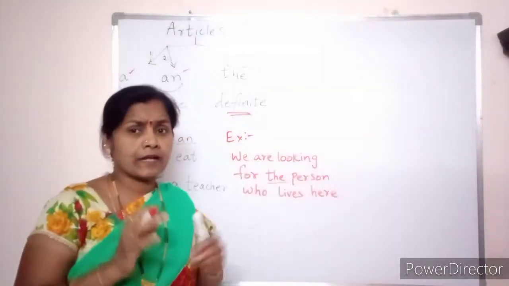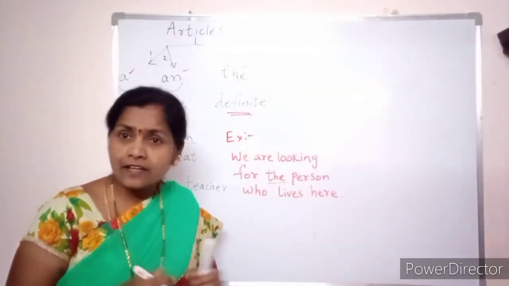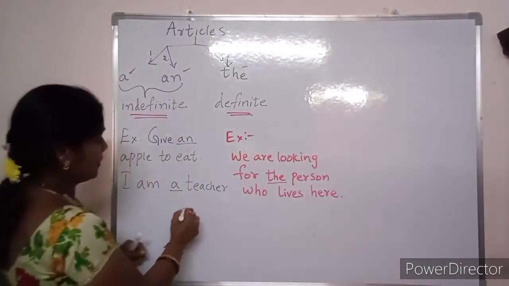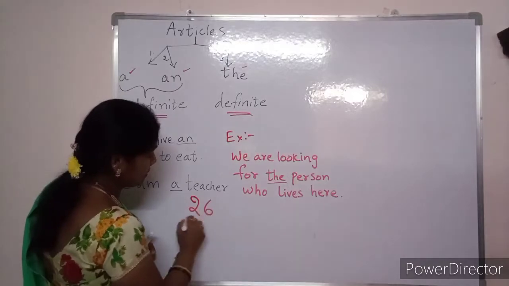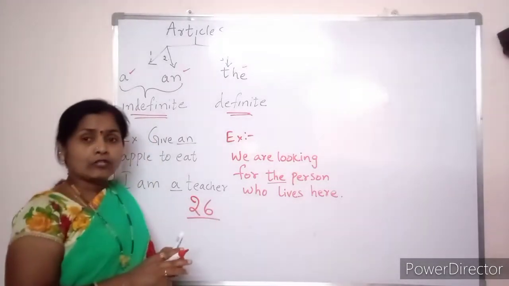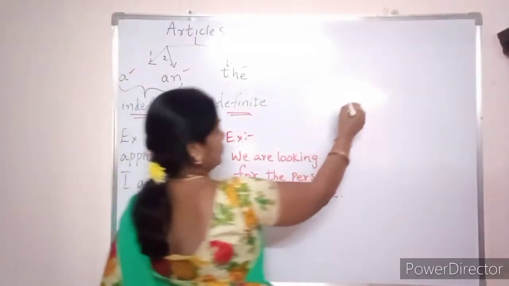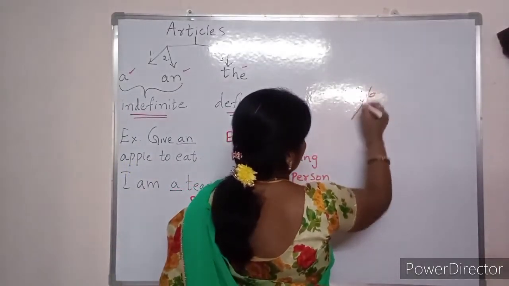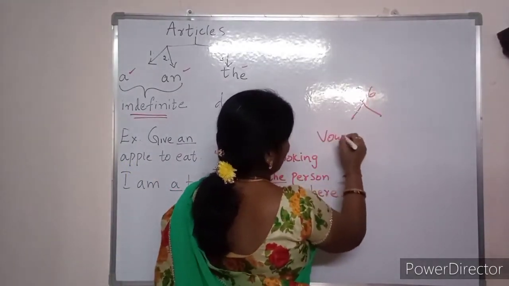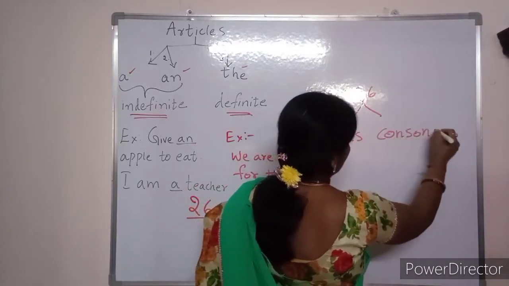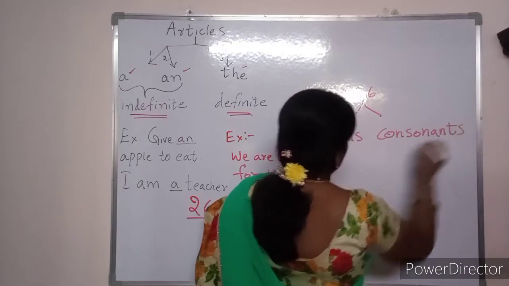Every one of us, from nursery onwards, is learning the alphabet. Isn't it? How many letters do we have? We have 26 letters. These 26 letters are divided into vowels and consonants.